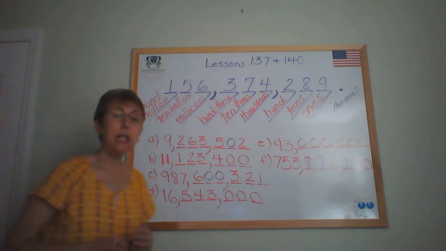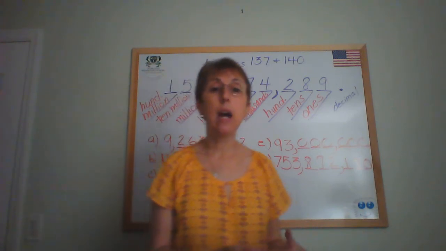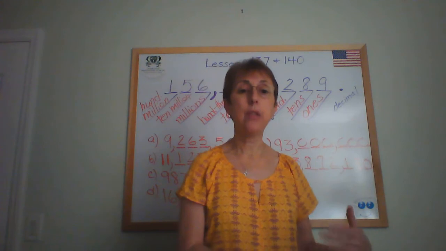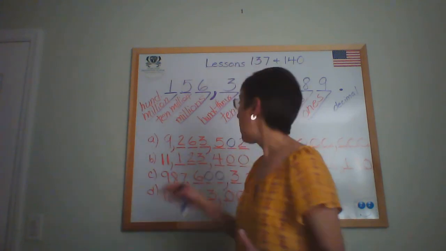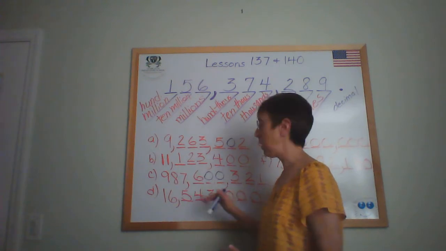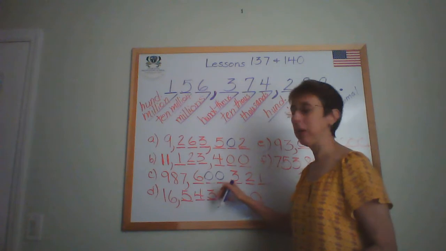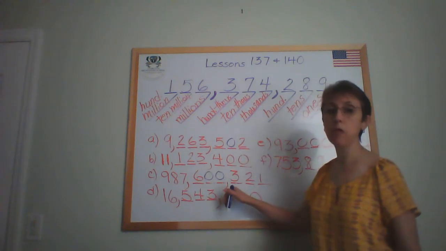You really need to pay attention to those commas because after you hear millions and then the next is thousand, that's how you're able to know your places or how many digits you need to have. You have your millions followed by three places followed by the comma for thousand.